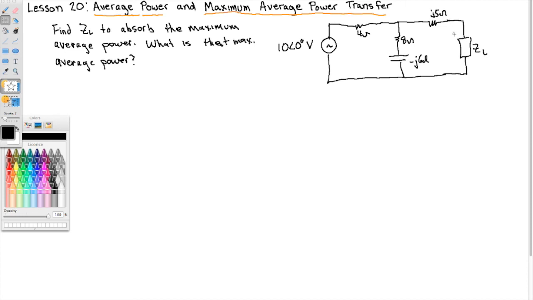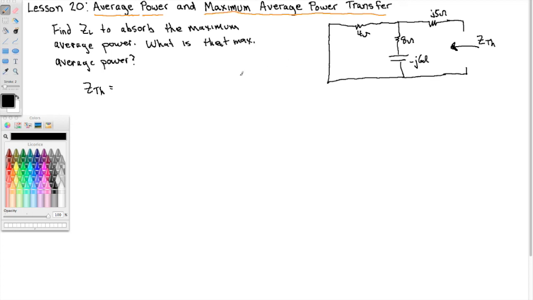So let's find the Thevenin impedance. We're going to remove the load, and we're going to short the voltage source. In this case, the Thevenin impedance is 4 ohms in parallel with 8 minus j6 ohms, and then all of that is in series with j5 ohms.